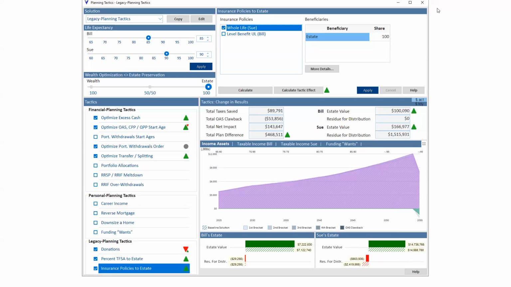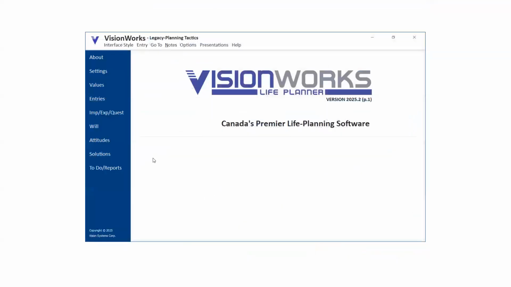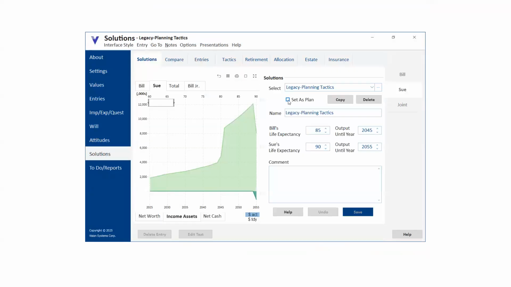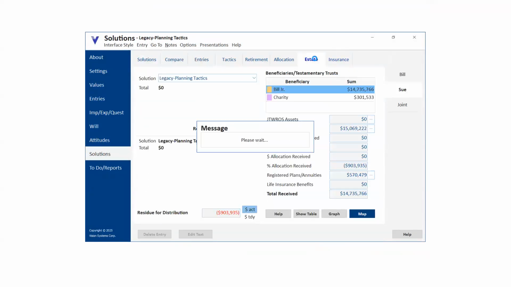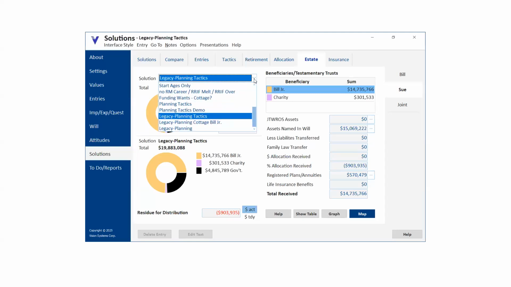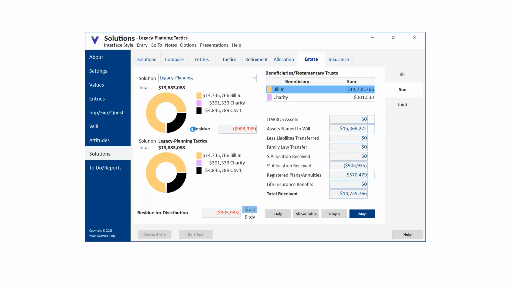But when we look at the estate output, this is why I mentioned this whole concept of legacy planning, social capital. What we'll do is switch here to the legacy planning solution that did not apply anything.